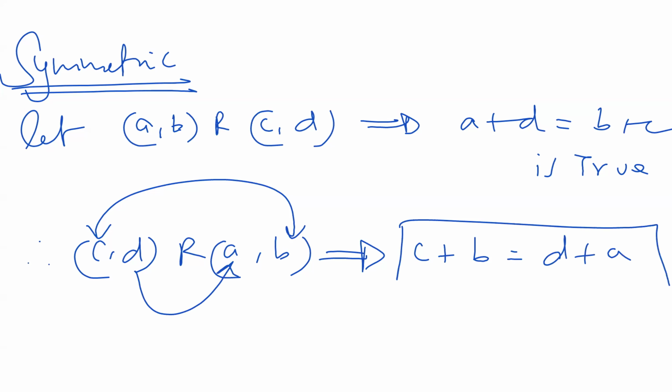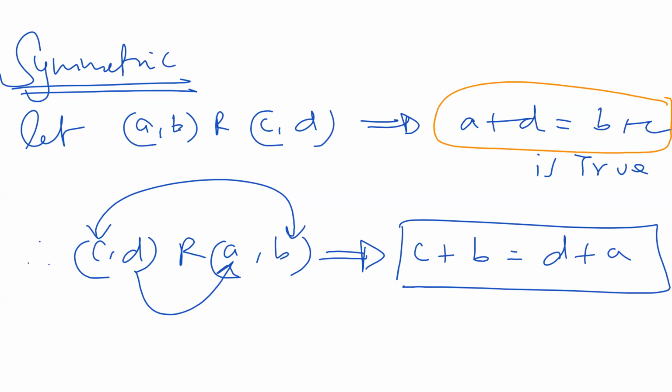Is this true? See guys, mathematically, if A plus D is equal to B plus C, if this thing is true, if A, B, C, D are numbers, then is C plus B equivalent to D plus A? Yes, this is also true then.